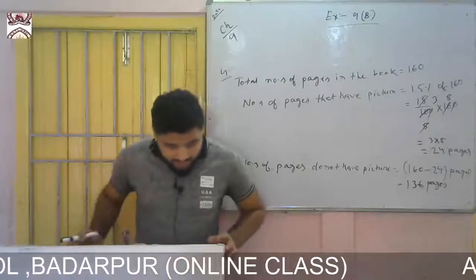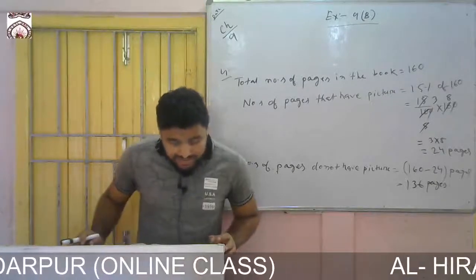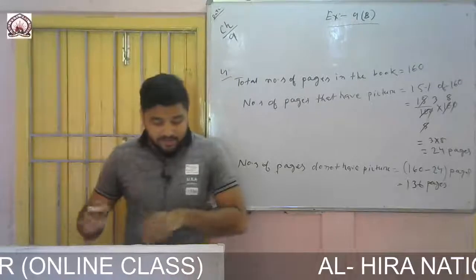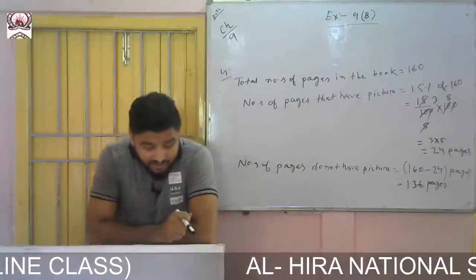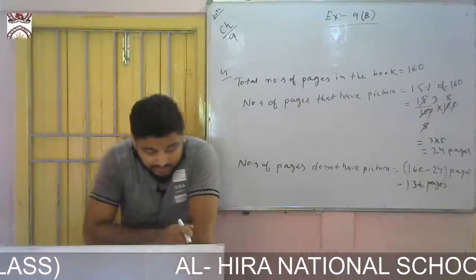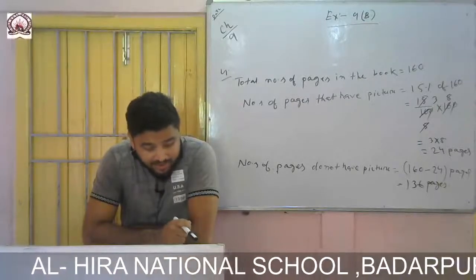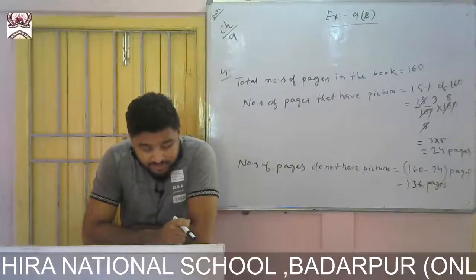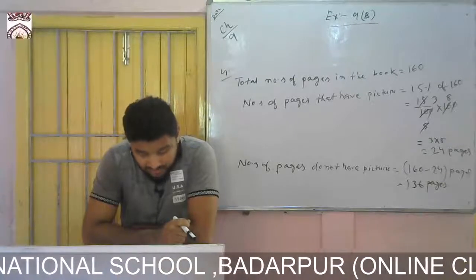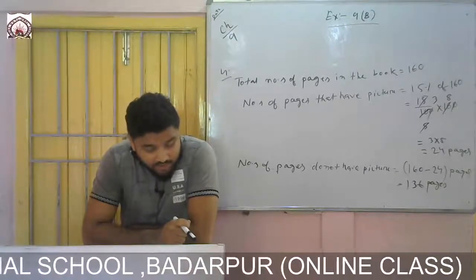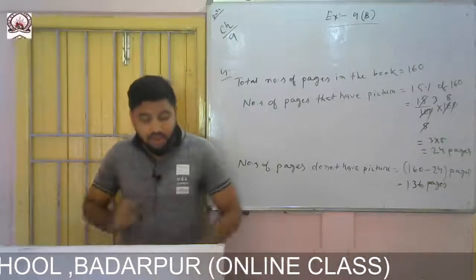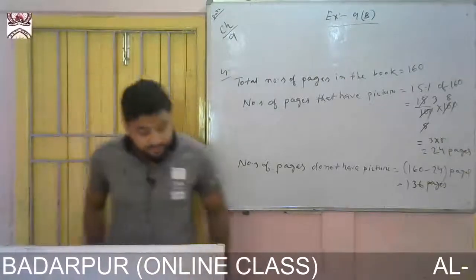So what is question number 5? When making a journey, I walked 12% and ran 16% and rode a scooter 28% of the total distance, and for the remaining part I traveled by bus. How many kilometers did I travel by bus if the total distance covered was 50 kilometers?